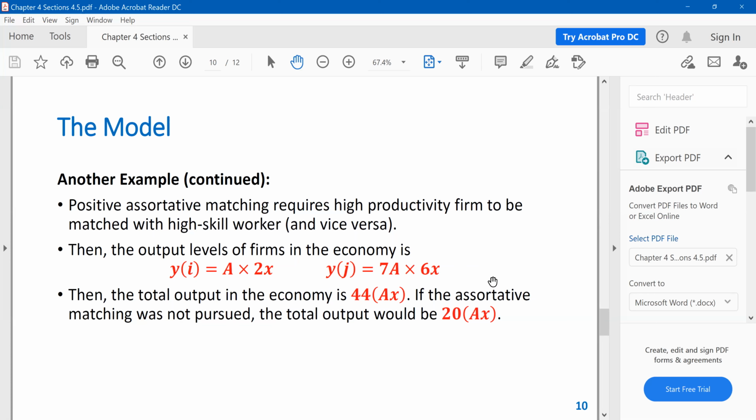In the other match, with the high productivity firm matched with the high skill worker, the production is 42AX. So total output is 44AX.